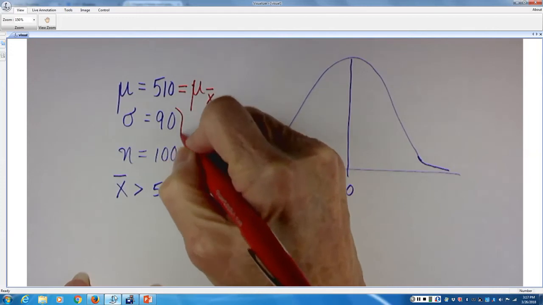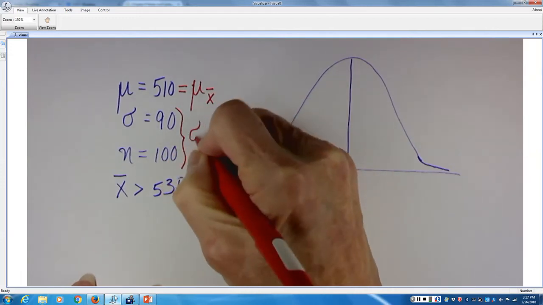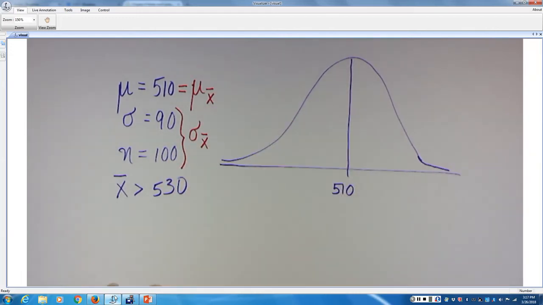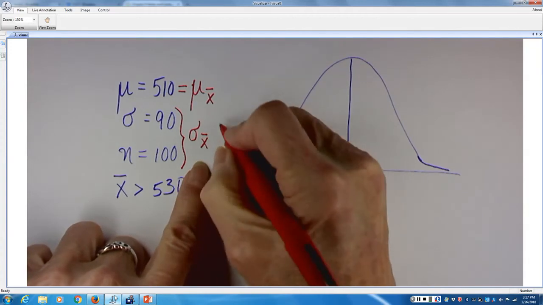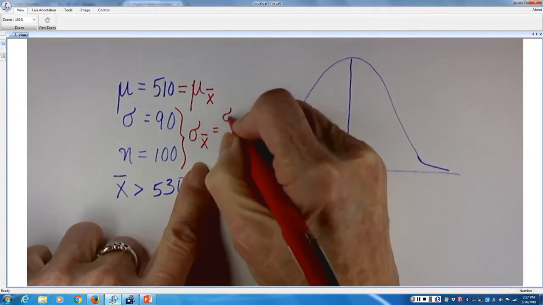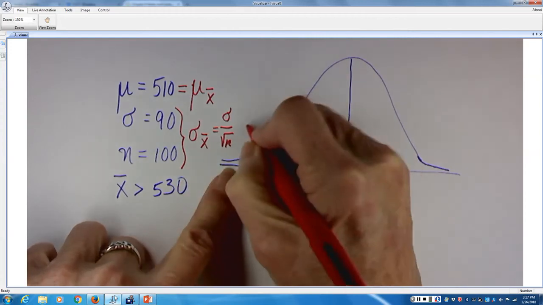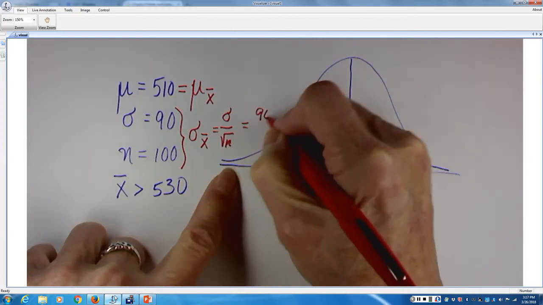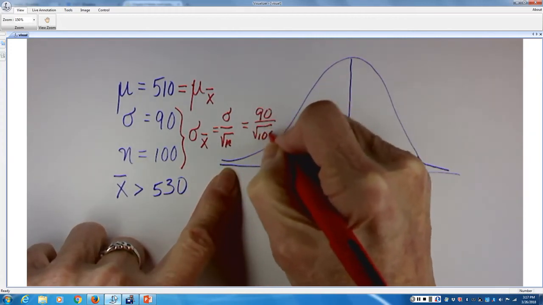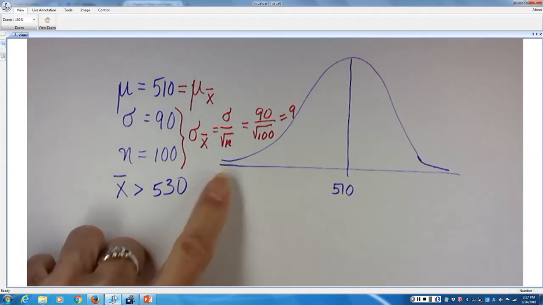And because of these two things, we know that the standard deviation of all the samples should be equal to the population standard deviation over the square root of n, which would be 90 over the square root of 100. And actually, when you do the math, that turns out to be 9.